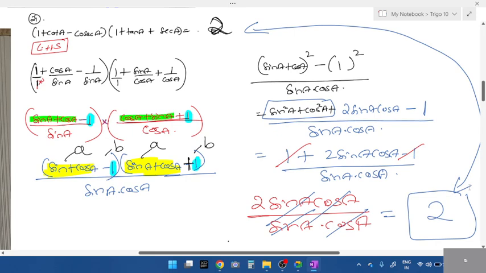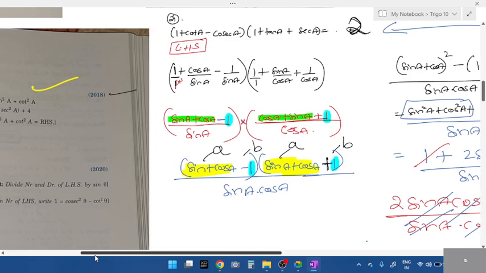Square relation question. And mention 2018, the 2018 year.